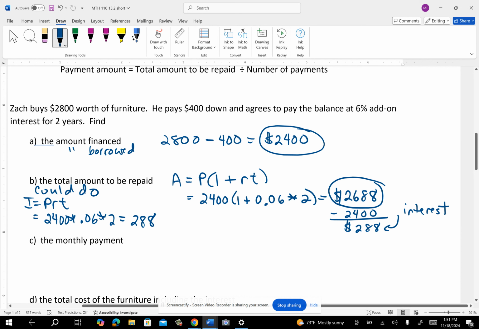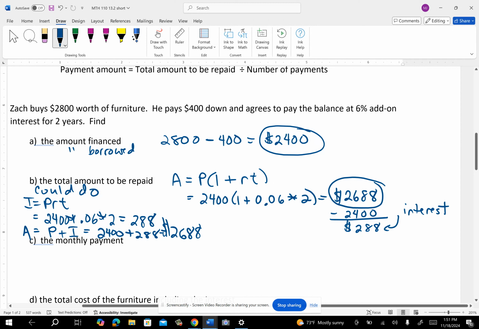And then if I needed the total amount to be repaid, I could have taken the P and added the interest I just calculated. So I could take the $2,400 and add the $288.